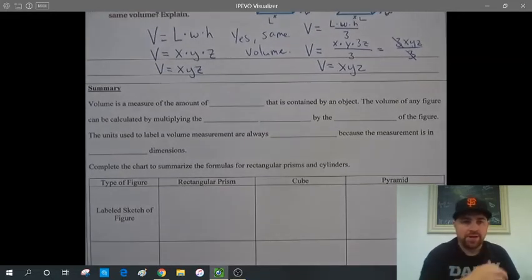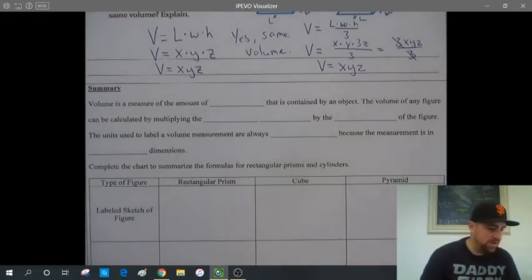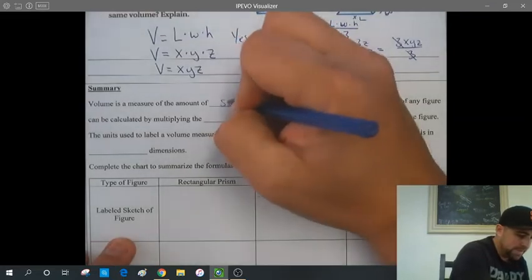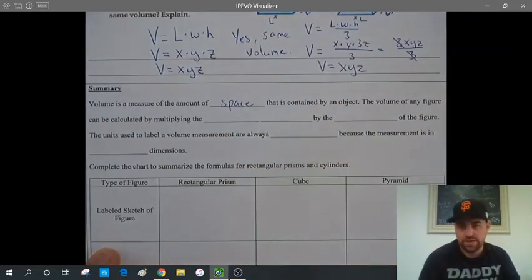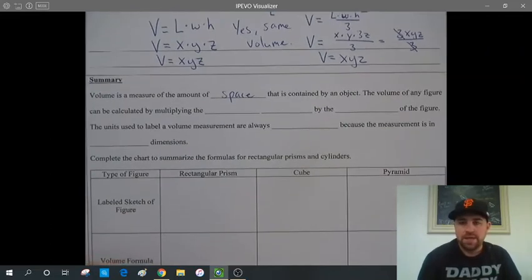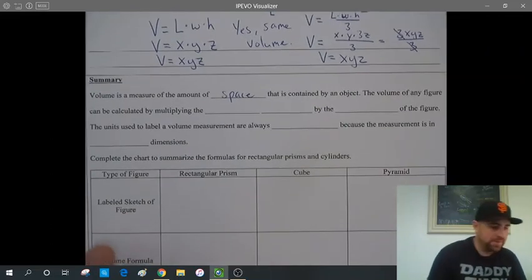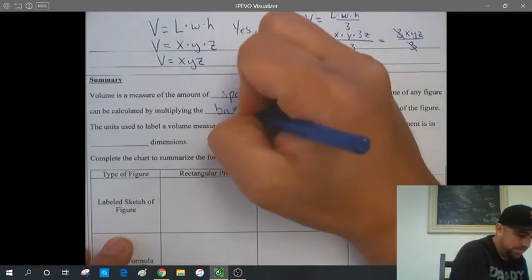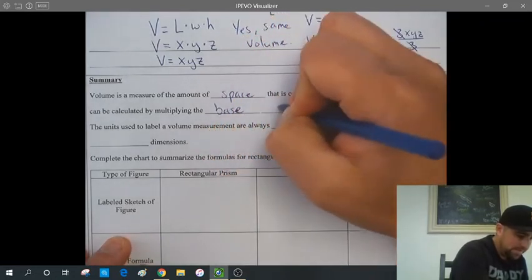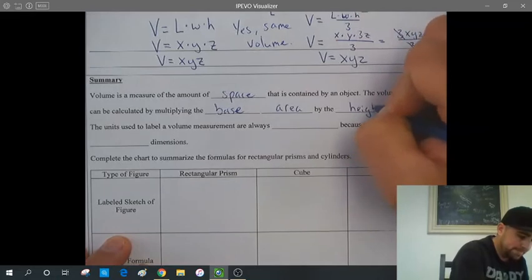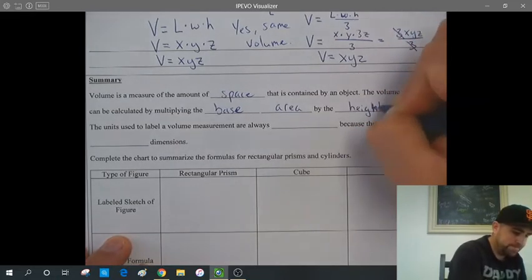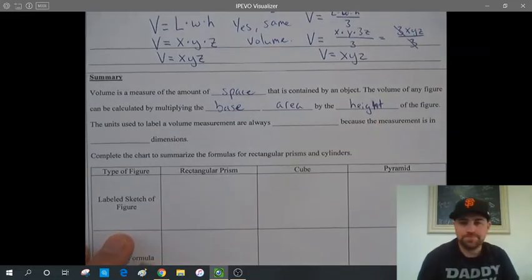Okay, and then in summary, volume is a measure of the amount of space that is contained by an object or that an object takes up. The volume of any figure can be calculated by multiplying the base area by the height of the figure.